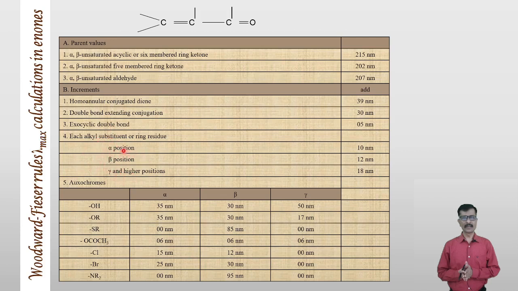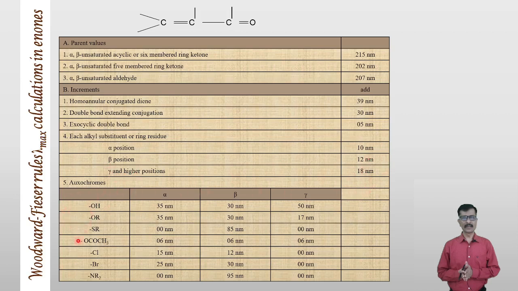At alpha, if there is alkyl group or ring residue, add 10. At beta, alkyl group or ring residue, 12. Alkyl group or ring residue at gamma or higher positions, add 18. So these are the values.